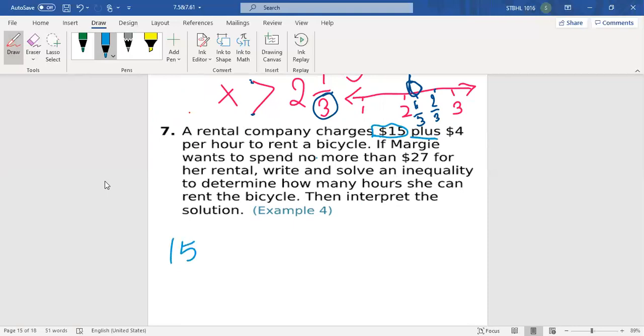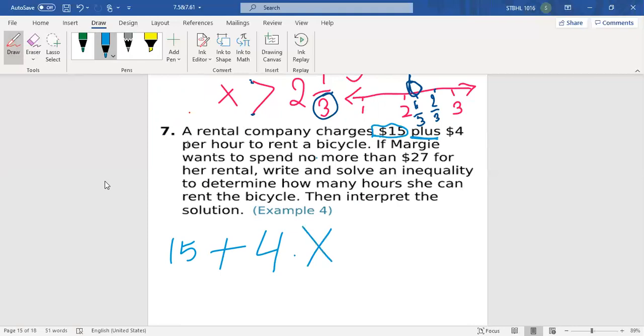Now plus, just look at the word problem and translate it. Plus $4 per hour, which means for each hour it costs $4. So 4 times any variable, suppose it's x.